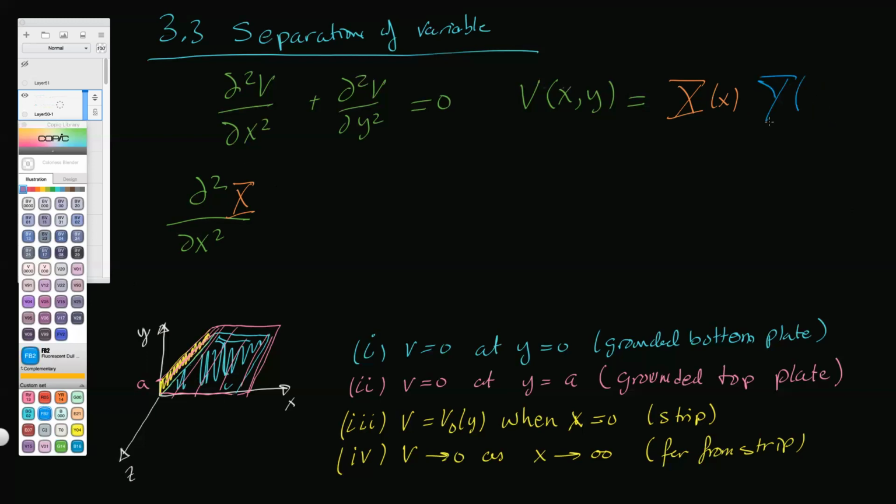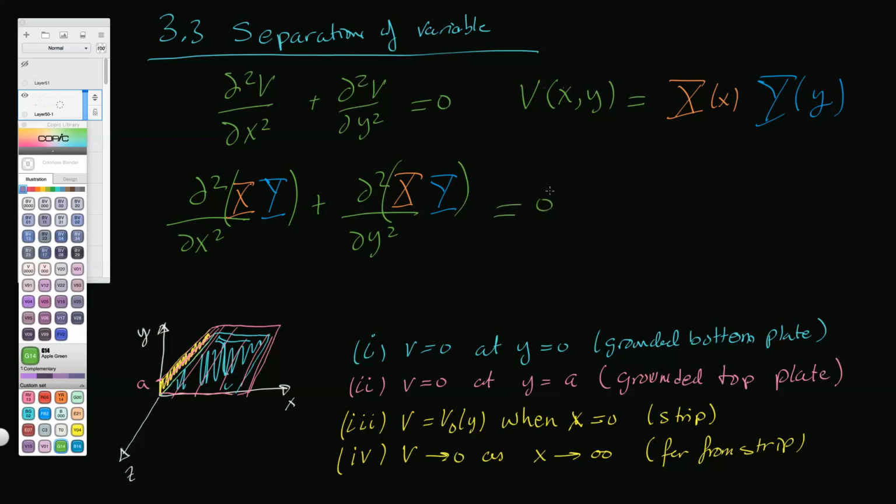Y of y. And this is taking the derivative of both of those, plus d squared dy squared, of the X and the Y, and this is equal to 0.